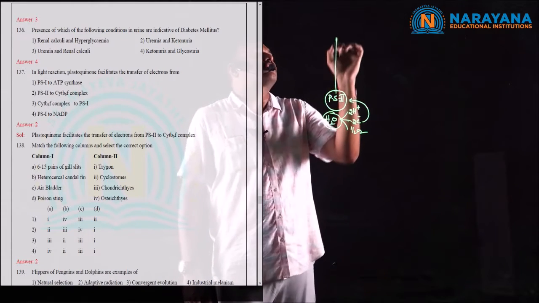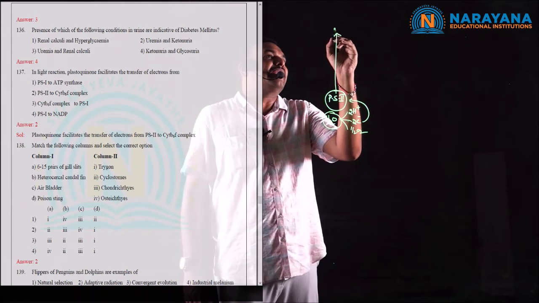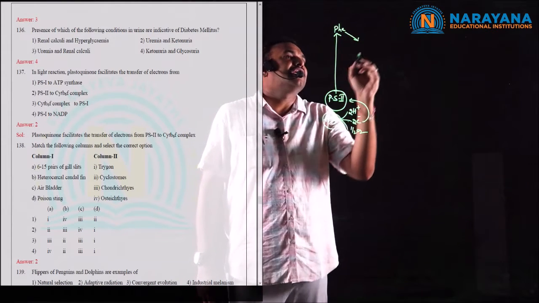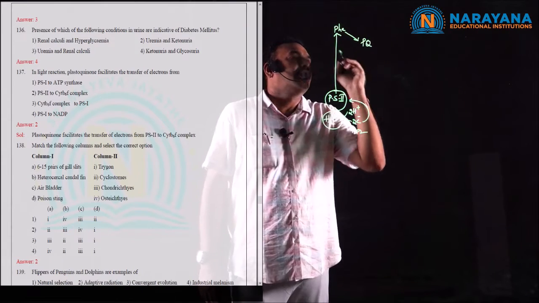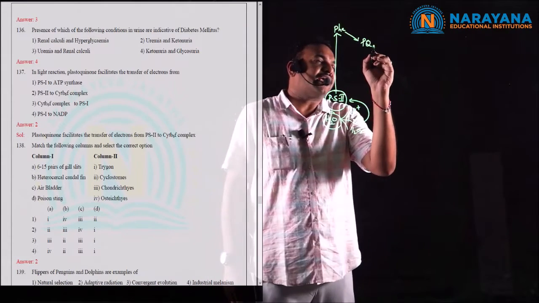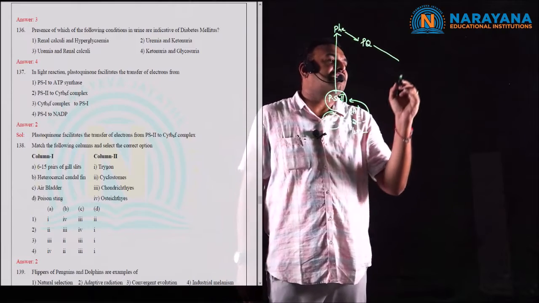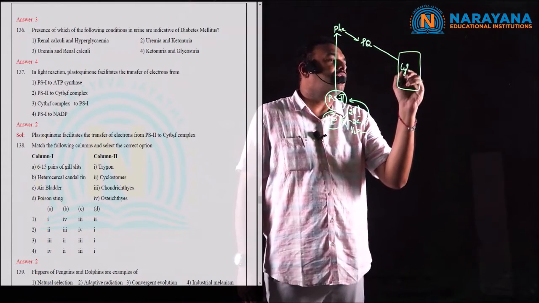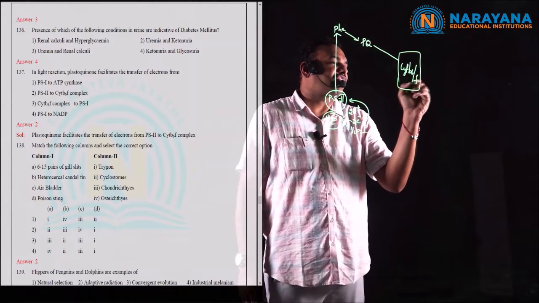These excited electrons are received by the primary electron acceptor, that is pheophytin. From pheophytin, the electrons are transferred to plastoquinone. From plastoquinone, these electrons are transferred to a multi-protein complex, that is cytochrome b6f complex.